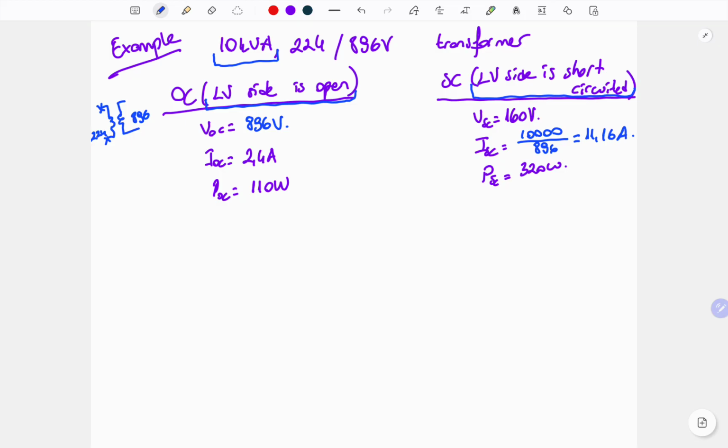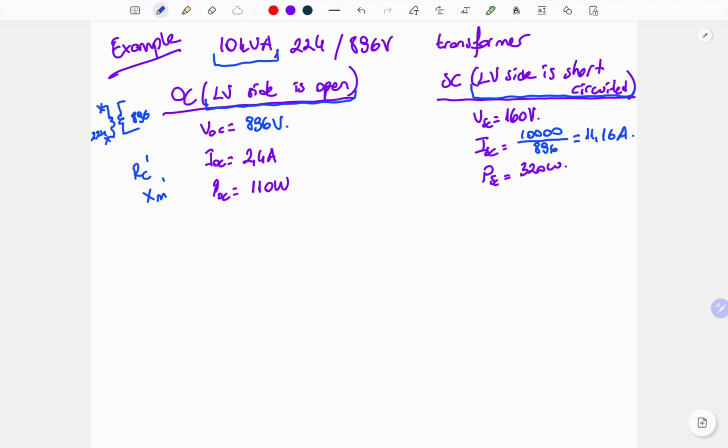What about the parameters? If we are working on the secondary side, from the open circuit test, we can calculate RC prime and XM prime, because we will work on the secondary side and their original place is primary. So we need to refer them, or we will find their referred values on the secondary side.